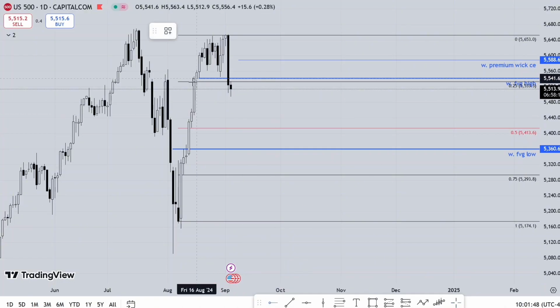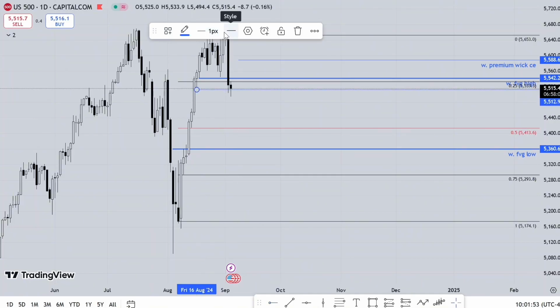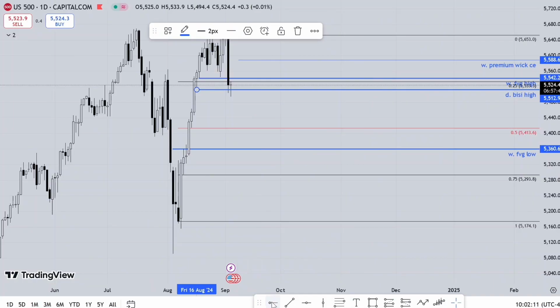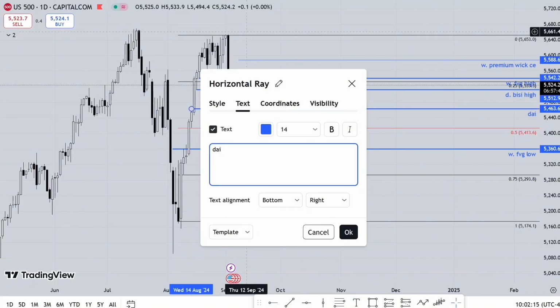As I said earlier, you have to identify the PDRAs that you can identify on the higher time frames first before you delve into the lower time frames when doing the top-down analysis. So here you have the daily BC high, and just below it you have the daily BC low.